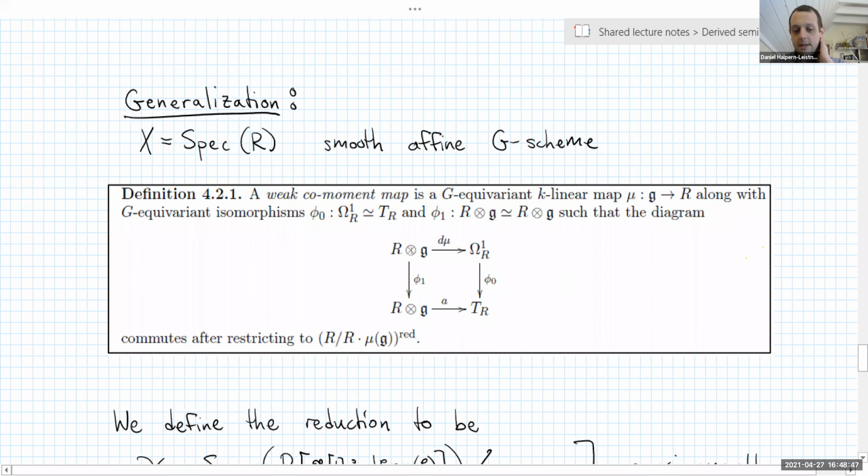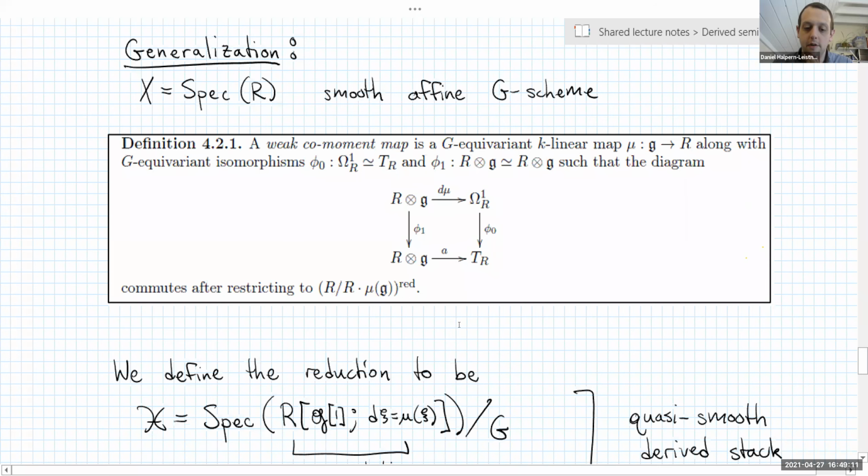In the usual moment map, phi 1 is the identity and phi naught is induced by some algebraic symplectic form, and this commutes. But here I'm just going to ask that phi 0 and phi 1 can be arbitrary, and this whole picture only commutes after you restrict to the zero fiber of the moment map.